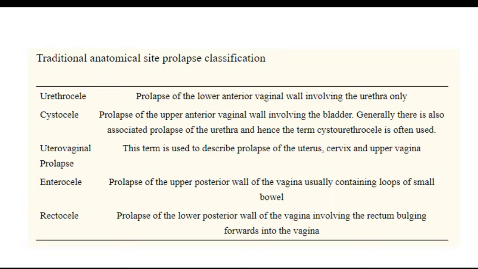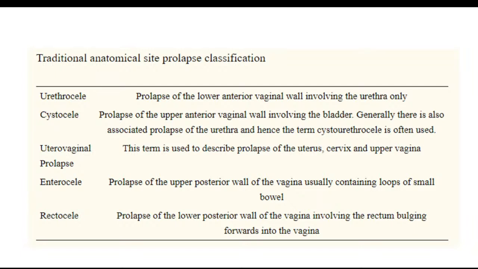Generally, there is also associated prolapse of the urethra, and hence the term cystourethrocele is more correct. Uterovaginal prolapse, the term is used to describe prolapse of the uterus, cervix, and upper vagina.